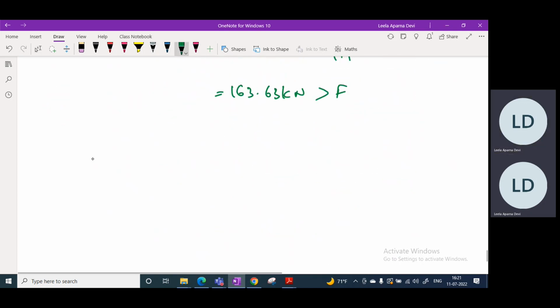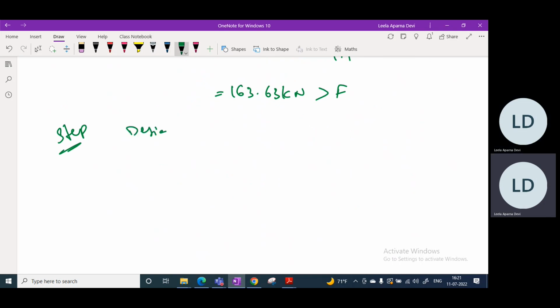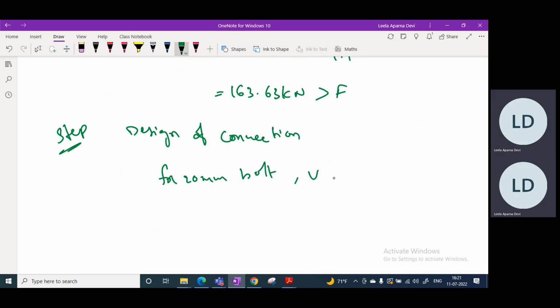And if you want to design the bolted connection for a 20 mm bolt, as we have already calculated in so many problems, I am taking the direct design strength as 45.27.